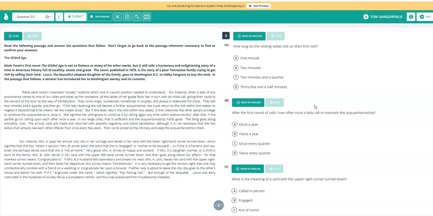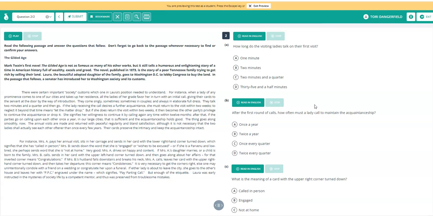For instance, Mrs. A pays her annual visit, sits in the carriage, and sends in her card with the lower right-hand corner turned down, which signifies that she has called in person. Mrs. B sends down the word that she is engaged or wishes to be excused, or if she is a parvenue and low breed, she perhaps sends word that she is not at home.